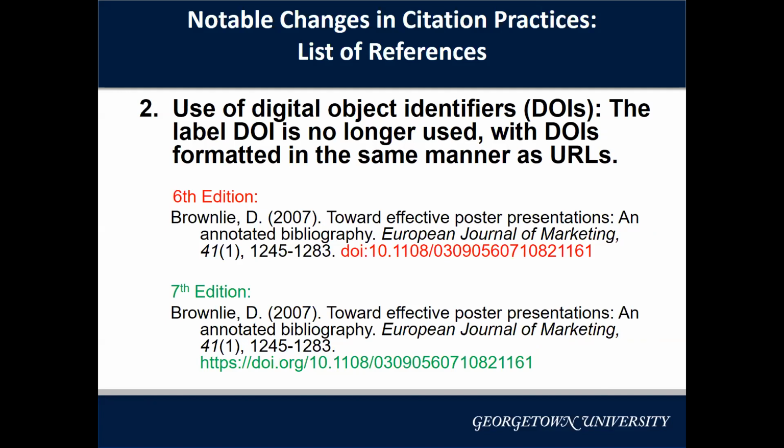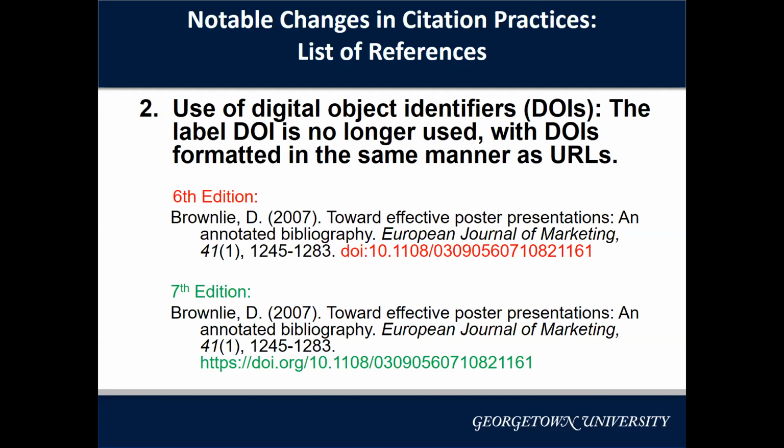Along the same lines, the use of digital object identifiers, or DOIs, in reference lists has been standardized, with the freestanding label "DOI" no longer in use. DOIs are now simply formatted in the same way as URLs.